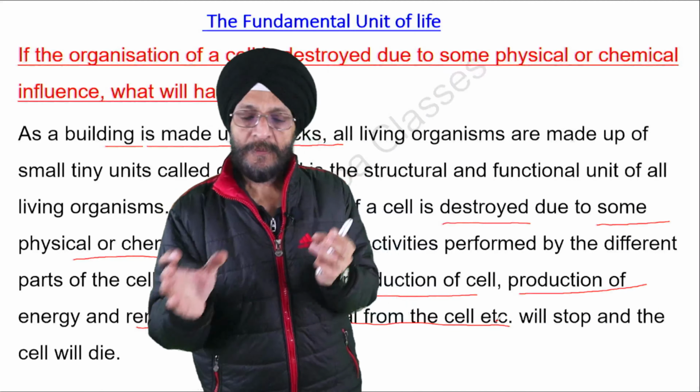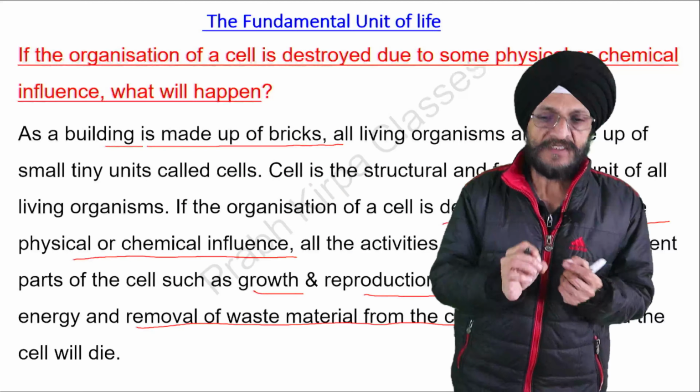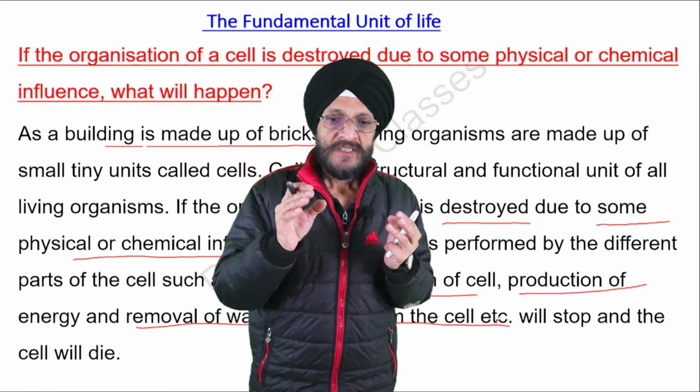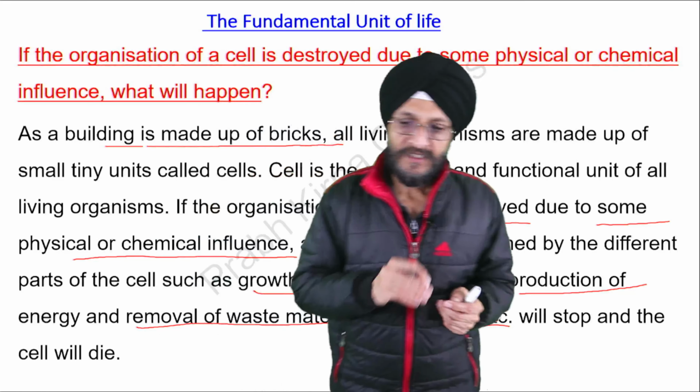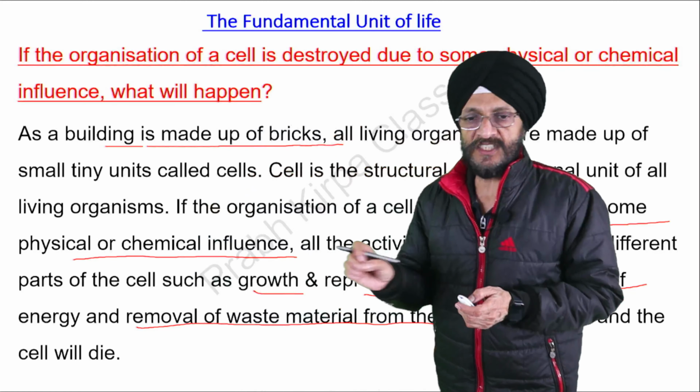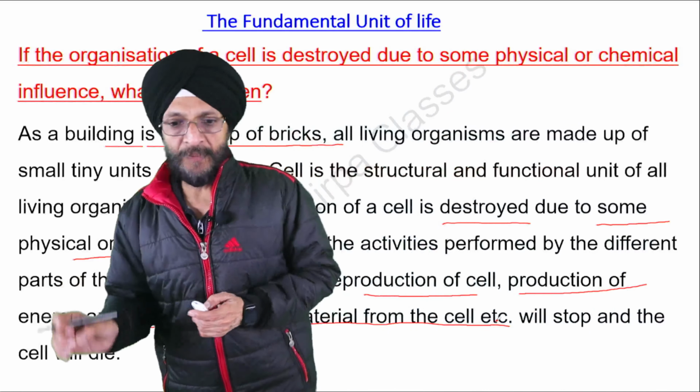There are many cell organelles present inside the cell which perform different types of functions. If this organization of the cell is destroyed, then the cell will naturally die, because the functions performed by different cell organelles will not be performed.